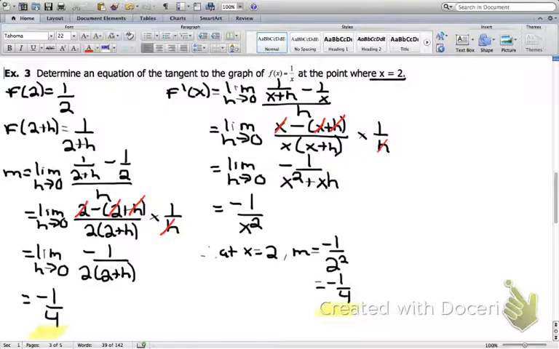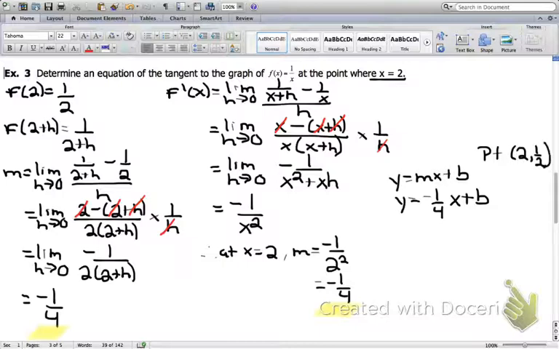So now I'm going to take my slope value and sub it into my y equals mx plus b form. So I will have y equals -1/4 x plus b. Now I'm going to sub in my point here. So I'm going to take the point (2, 1/2), and sub that in for my x and y.